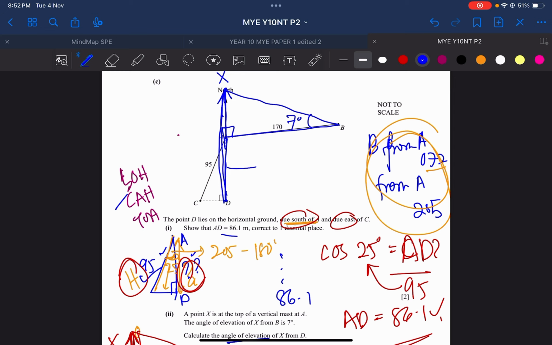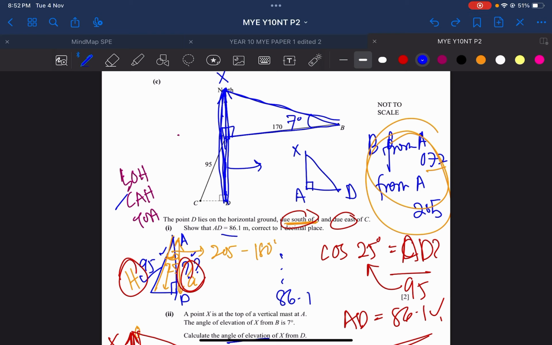So kita pusing kira side view. Side view-nya, D-nya di sini, sini X, sini A. Okay? Again, A sama X is vertical. A sama D is horizontal, 90 degree. So you bayangkan dua triangle bertemu.